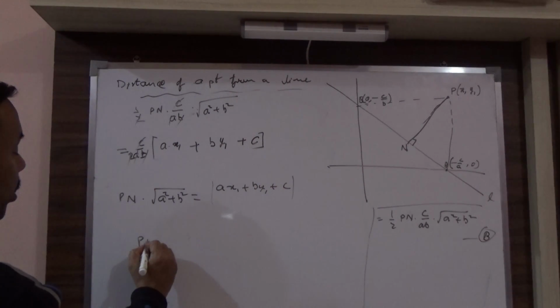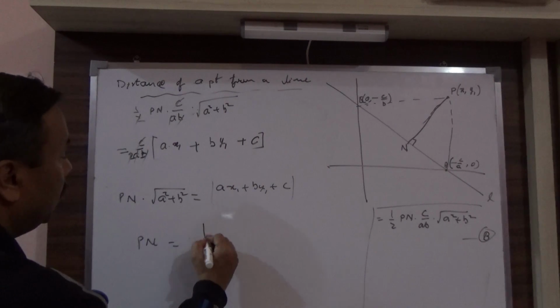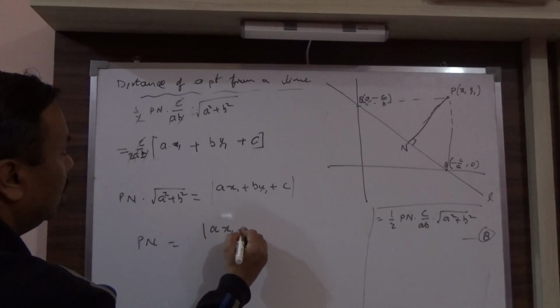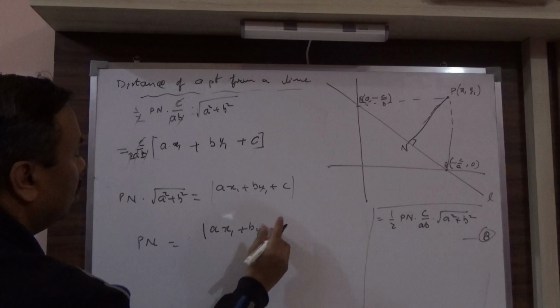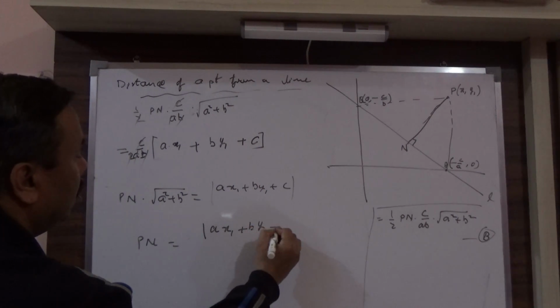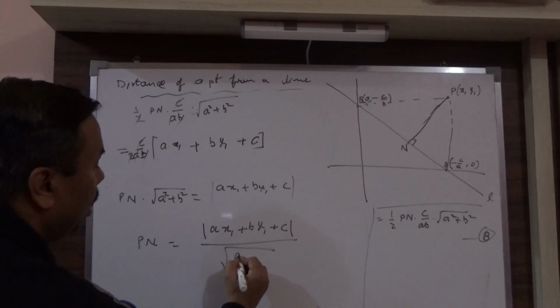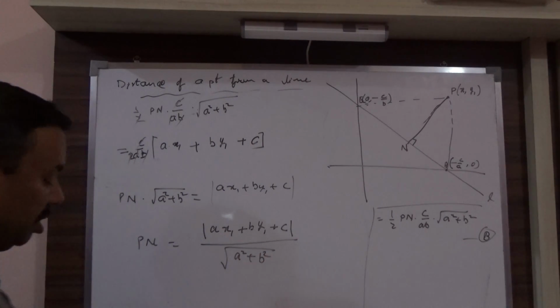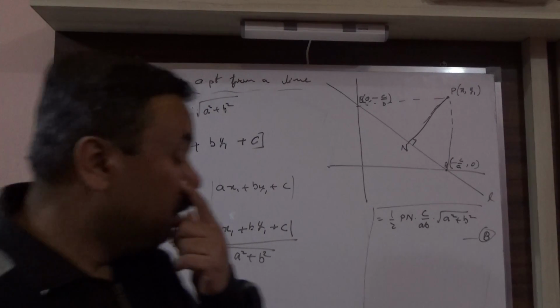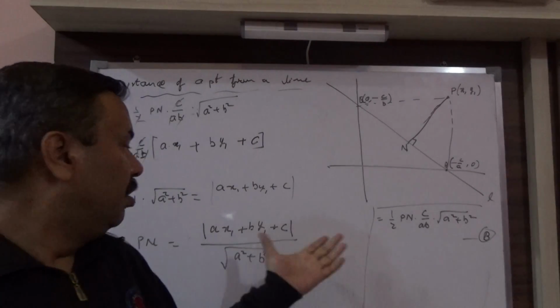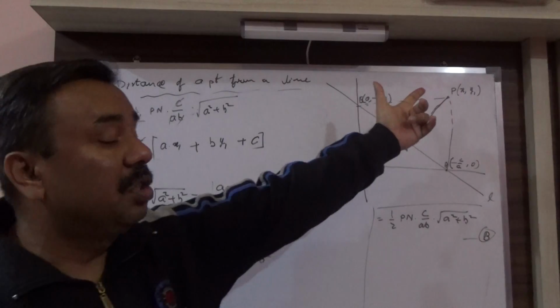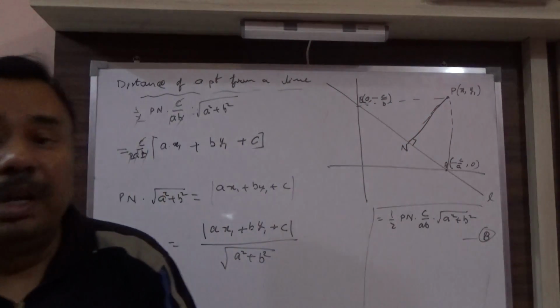So what is PN? That is equal to modulus of Ax1 plus By1 plus C divided by square root of A square plus B square. So this is all. By this you can find the distance of any point from the given line.